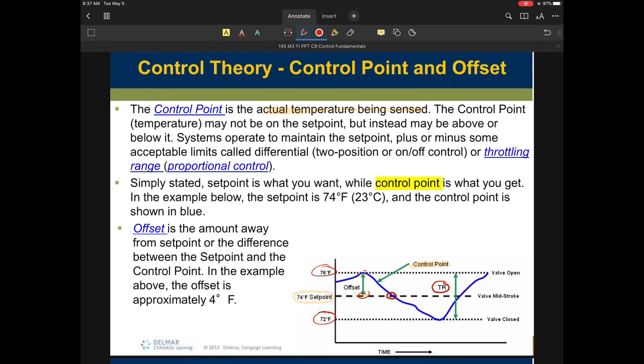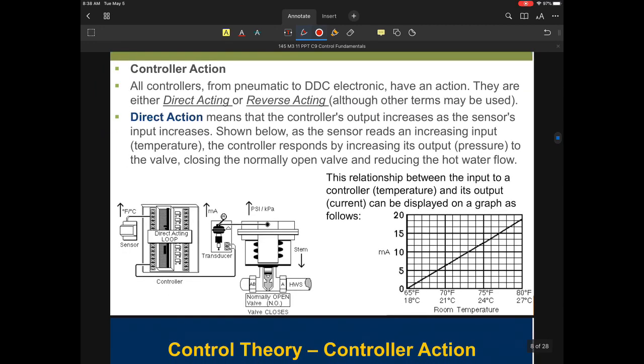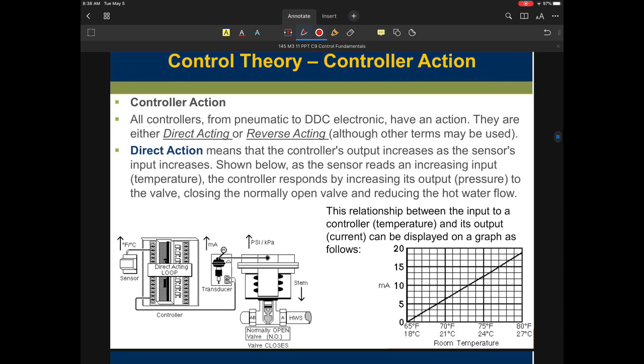Because of the way they calibrated it, let's say our throttling range is 4 degrees, and the set point is in the middle of the two points based on our throttling range, plus or minus 2 degrees. That's where we have a throttling range of 4, and our offset is a variable function in this case. So the overall total swing is only going to be 4 degrees in this example.